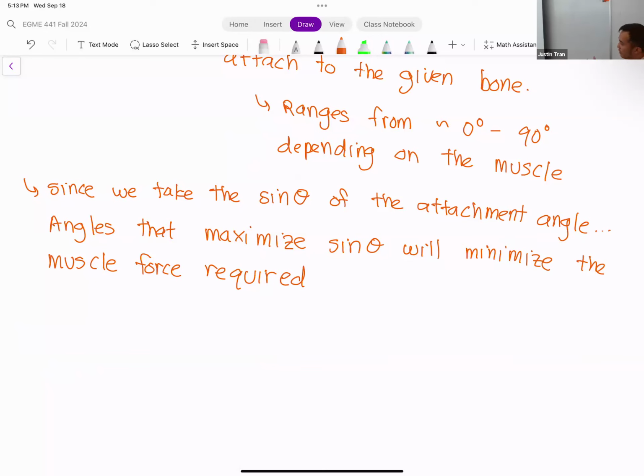The sine of an angle ranges from 0 to 1, if we're restricting ourselves to between 0 and 90. If the angle is close to 90, that maximizes sine of theta, whereas angles closer to 0 are worse. The worst possible case is an attachment angle of 0, where sine of theta is 0.